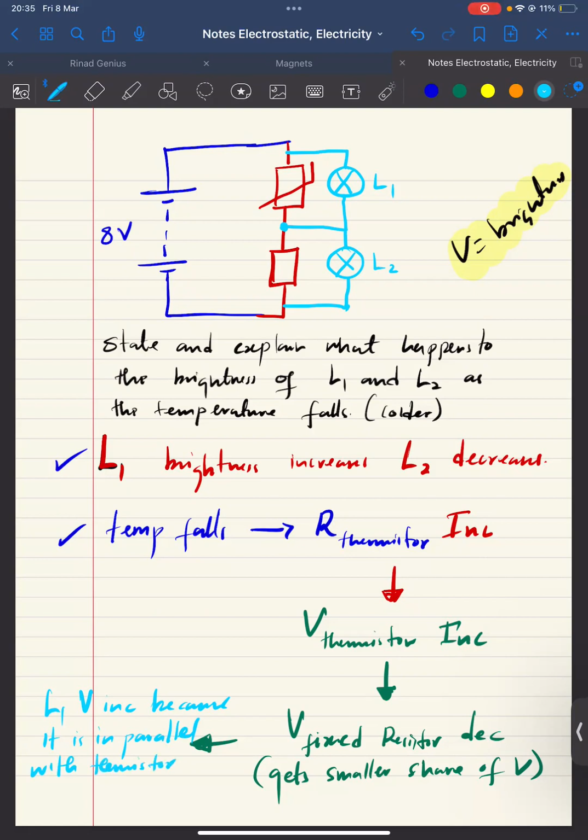So because of this, it is bright. You don't need to mention that voltage affects brightness. You just need to say it becomes brighter because the voltage increases. So that's the sequence of events.